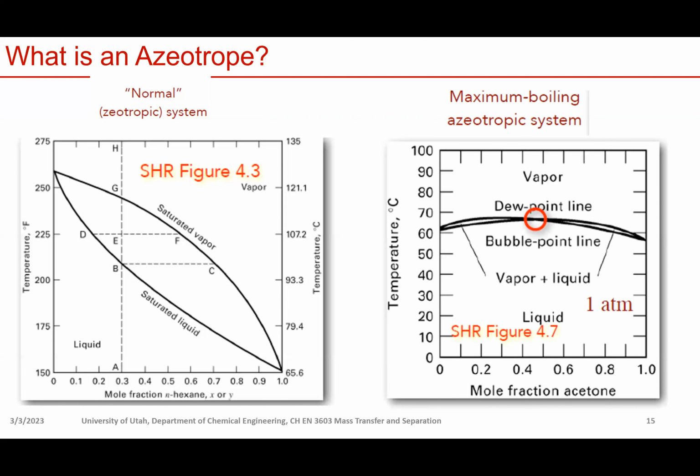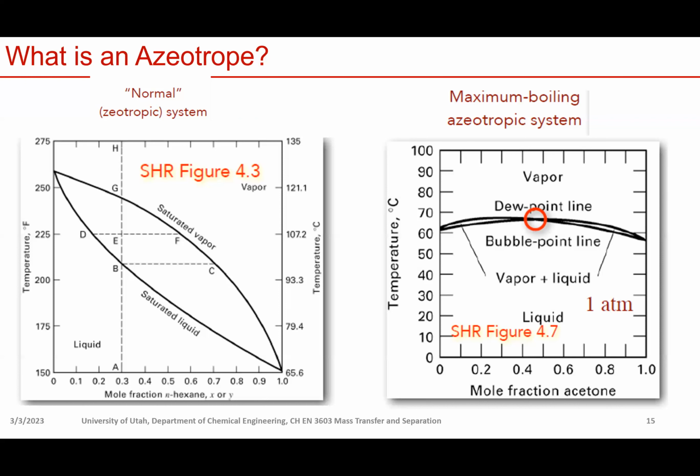Whereas in an azeotrope, there are two types: the maximum boiling point azeotrope system and the minimum boiling point azeotrope system, right? In this figure, what we show here is a maximum boiling temperature azeotrope system. The feature here is that the bubble point line and dew point line do not change monotonically with the mole fraction.